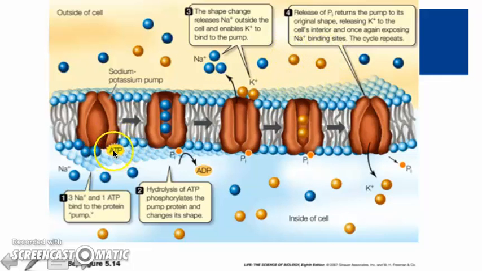We also see involvement of ATP, and ATP being hydrolyzed and then powering the activity of these sodium-potassium ATPases. We first see that this is inside the cell, and this here is outside the cell.